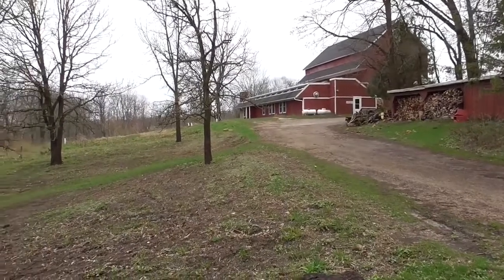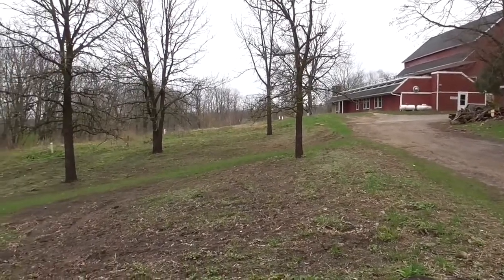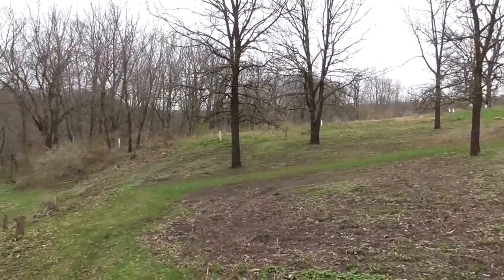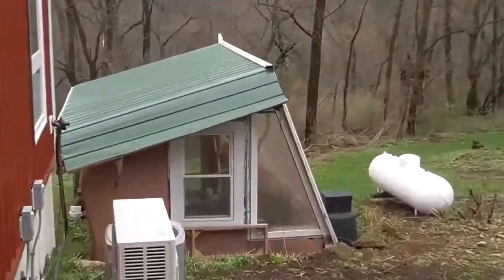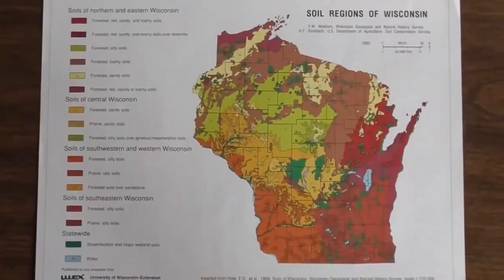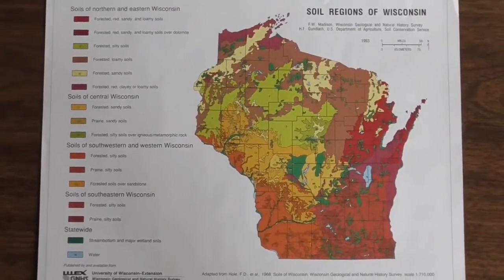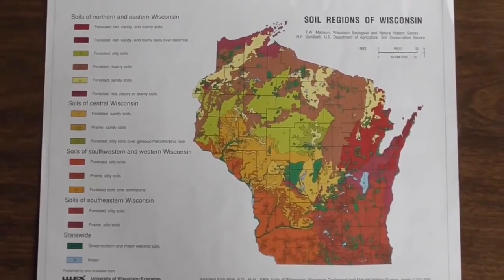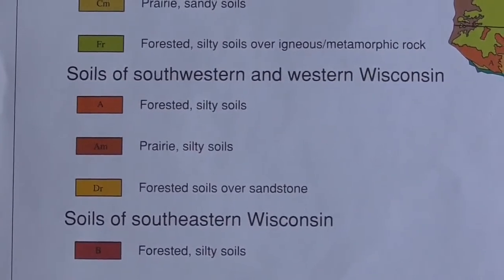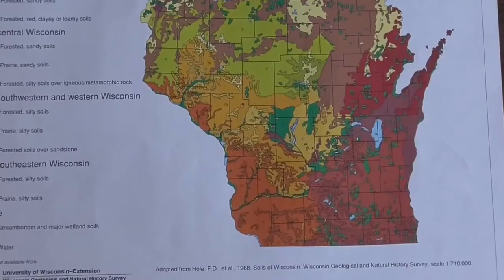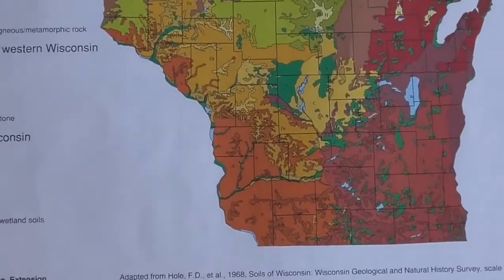There are actually hundreds of different types of soils in the state of Wisconsin alone, and there are several different types out here at Bethel Horizons. Here you can see some of the soil regions of Wisconsin, which include the forested silty soils, the prairie silty soils, and the forested soils over sandstone of the southwestern corner of the state.